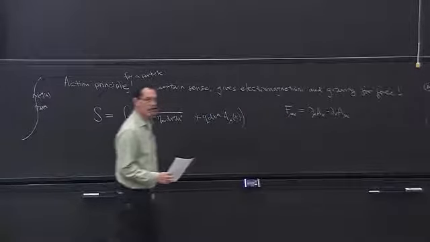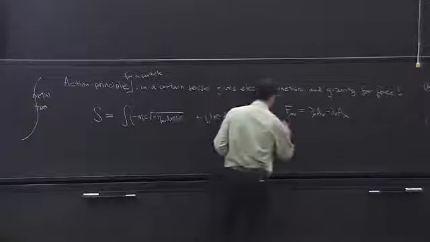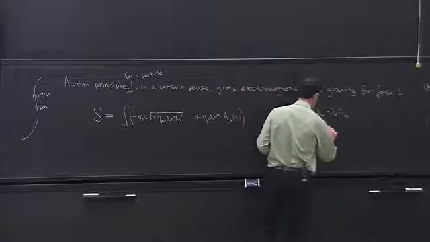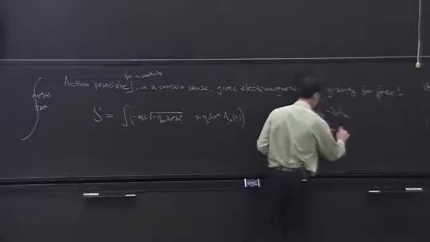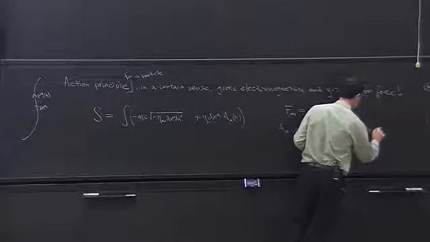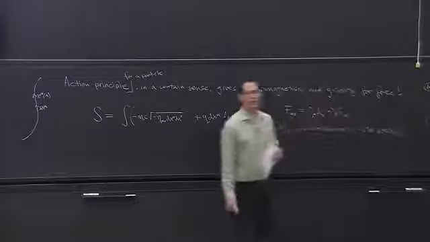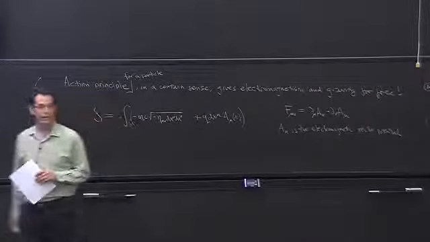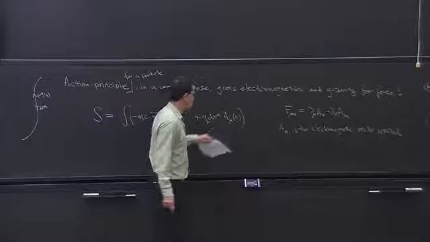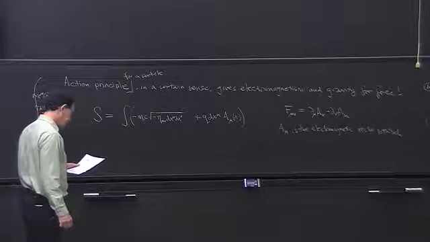And this is the correct coupling. So A mu is the electromagnetic vector potential. Electromagnetic forces really are the simplest thing you could possibly invent that couple particles, that represent forces on particles.